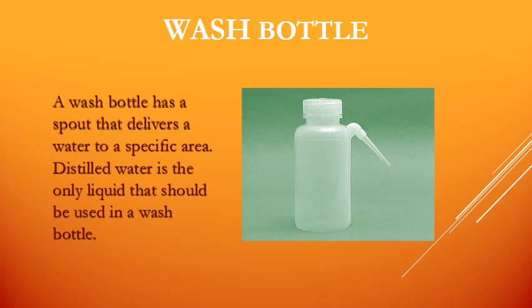At that time we have to use pure water. Distilled water is actually pure water. It does not contain any dissolved minerals or gas. That's why distilled water is kept separately in these bottles, which are called wash bottles, and we can transfer that water through the spout, which you can see in the picture there.